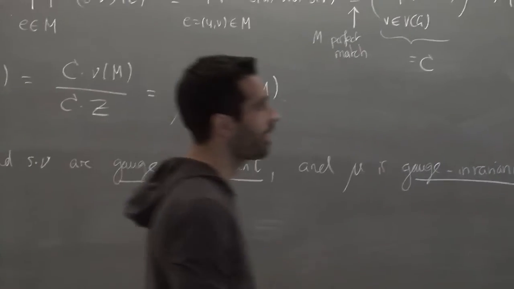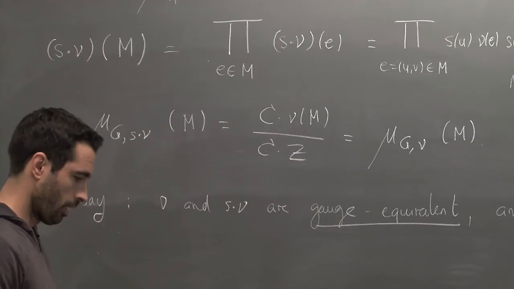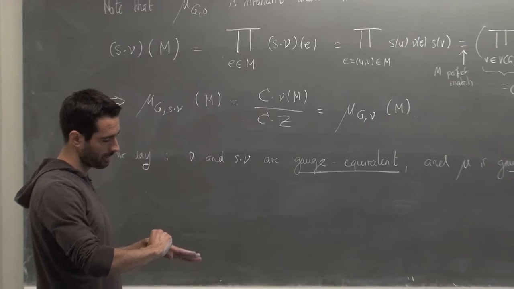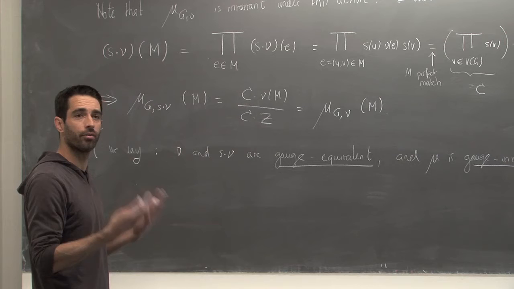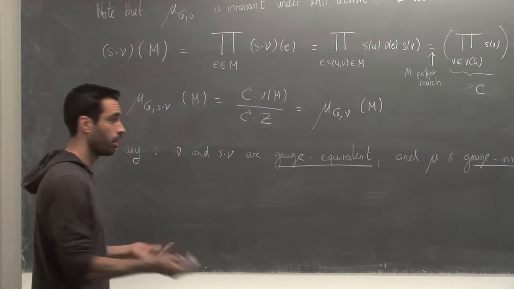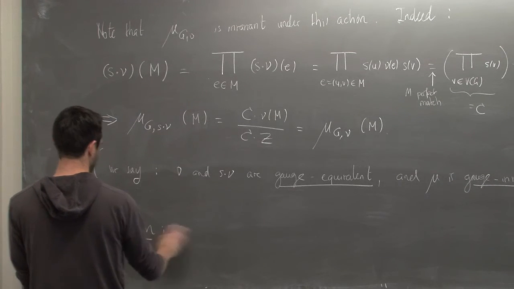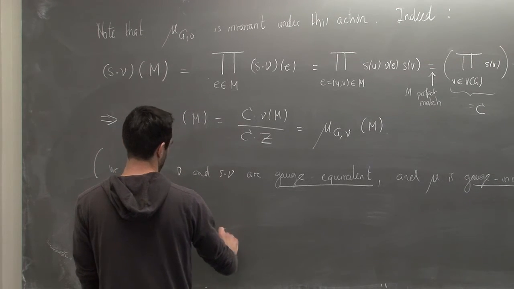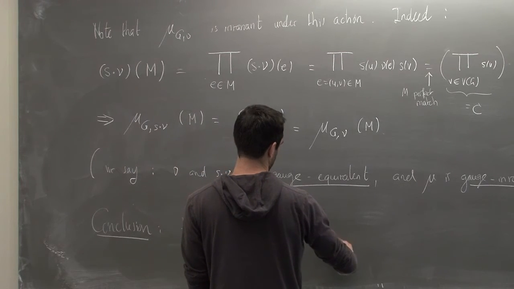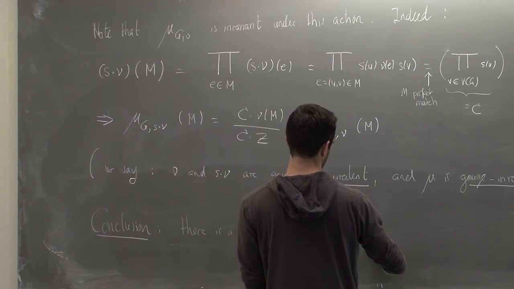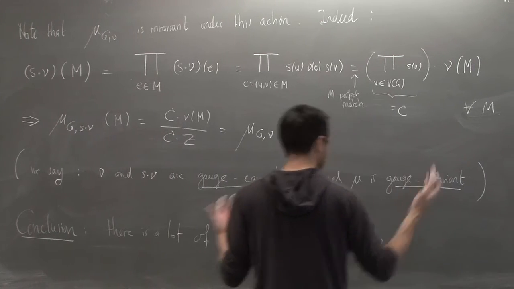So the bottom line is, if you want to understand the Dimer model on the graph, well, setting edge weights, actually when you look at the edge weights, you have a lot of redundant parameters, right? So conclusion, there is a lot of redundant parameters in nu as far as the Dimer model is concerned.